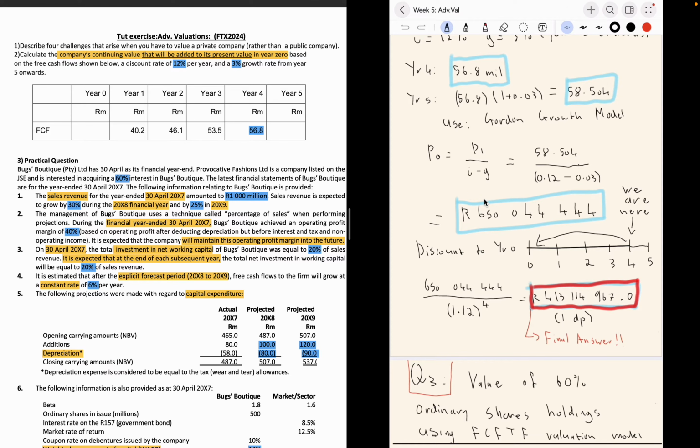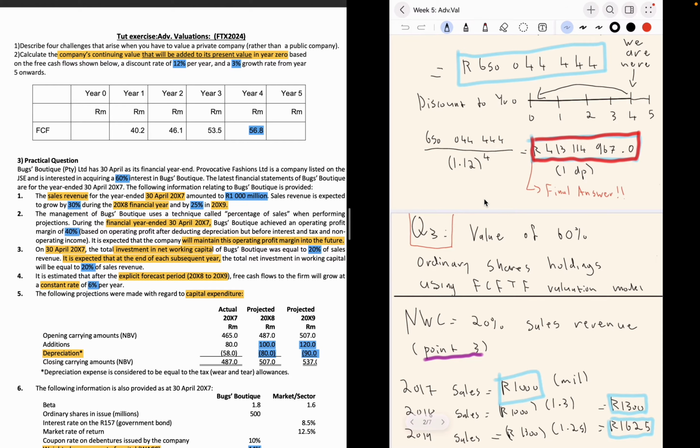So when we discount it back to year 0, we say 650,044,444 over 1.12 to the power 4. So over 1 plus the discount rate to the power 4. That should give you a final value of 413,114,967.0 to 1 decimal place. That is your final answer, and that is also the answer they have in the memo.